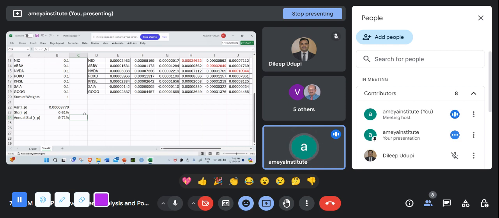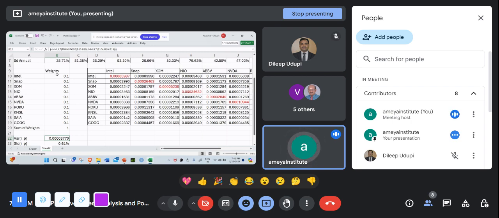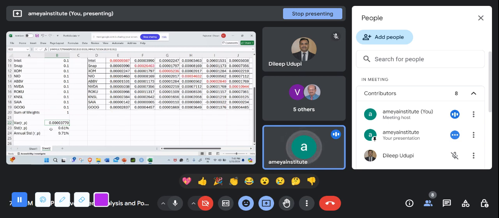Did we get this answer? Portfolio risk, 9.71, two decimals somewhere around this. So how did we get this one? First we calculated variance, that's daily variance, then daily standard deviation, then annual standard deviation. So daily variance of portfolio is nothing but first we transposed the weight and then we multiplied variance covariance with weight and then we got this daily variance.